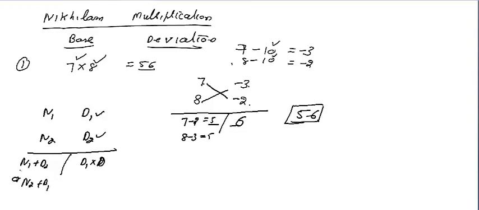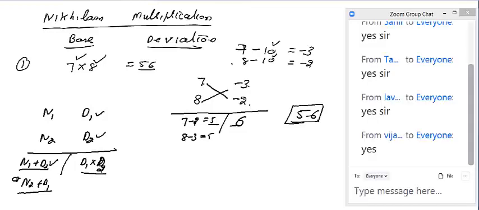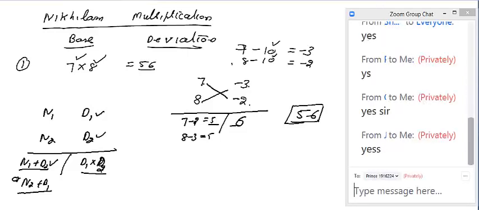Whatever number you get from one, you get the same from the other. So you take that number and the multiplication of the two deviations, and that will be the final result, correct? If you understand, put yes. Very good, thank you very much.